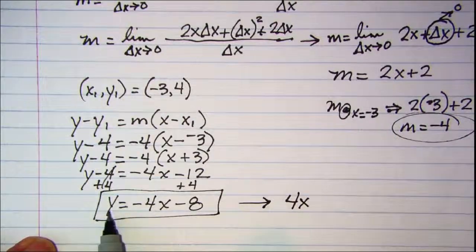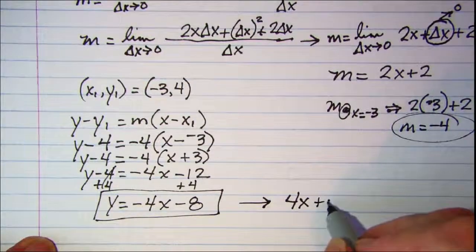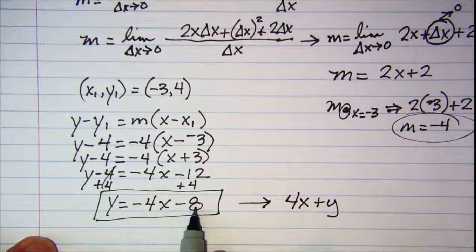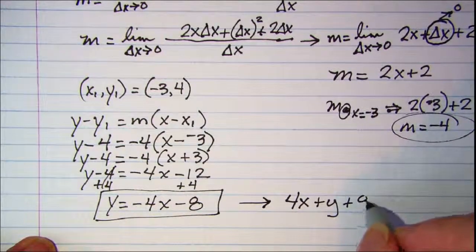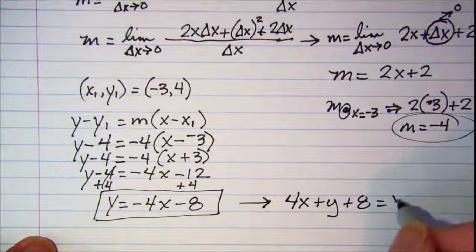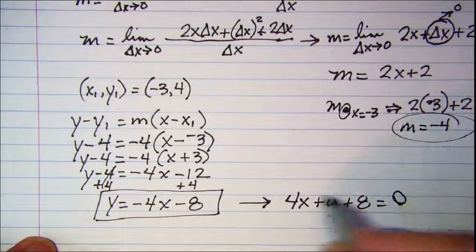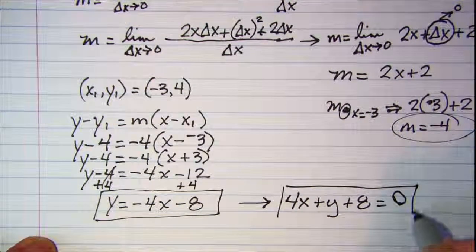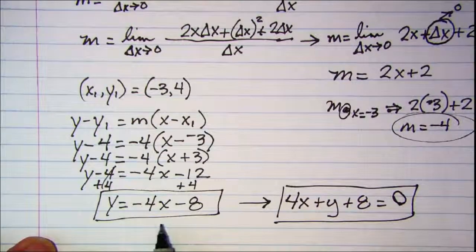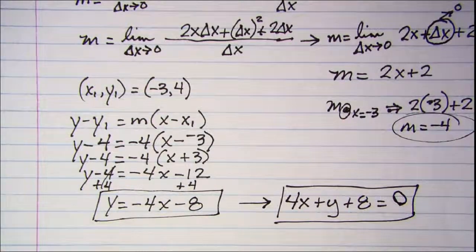And then the y is already on the left. And then when I move this negative 8 to the left, it's a positive 8. So 4x plus y plus 8 equals 0. This is the general form of this equation of the tangent line.